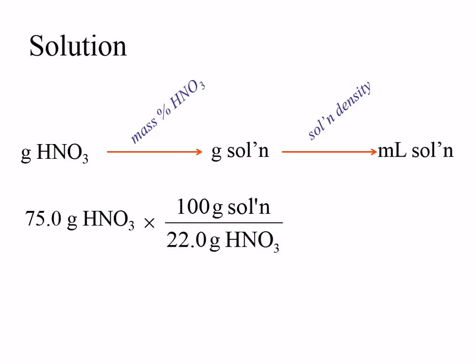And so you would label it: 100 grams of solution in the top, from weight percent, and 22.0 grams of pure HNO3 in the bottom. So those grams of HNO3 units cancel. We're left with grams of solution.